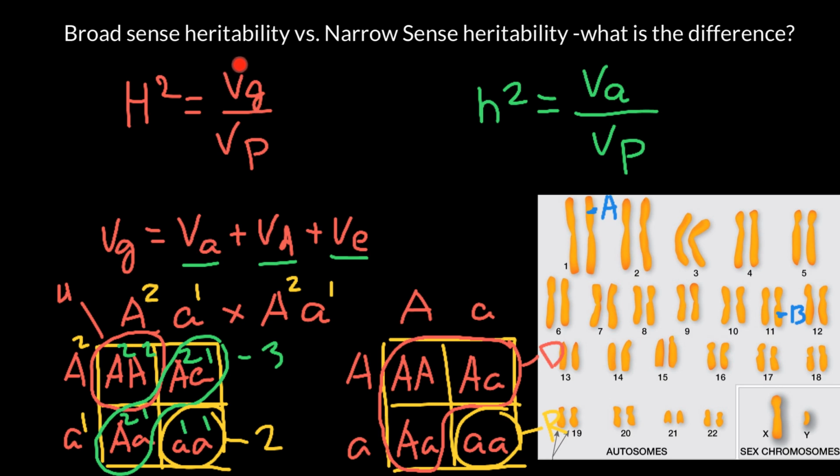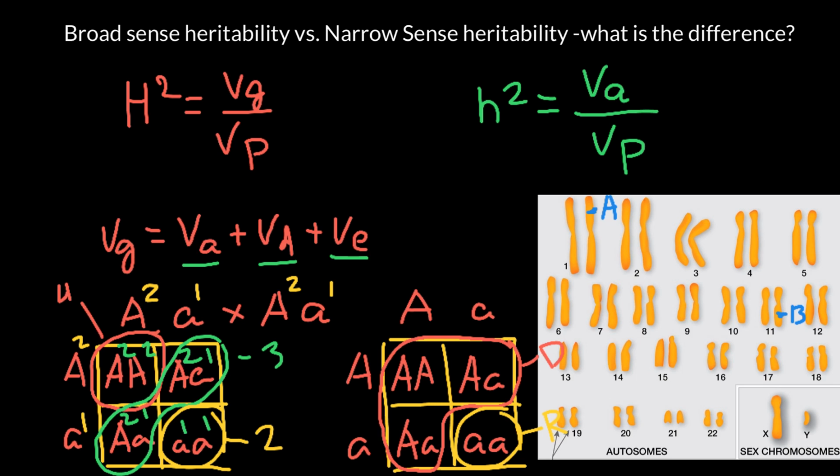So when we talk here, once again, we are talking about total genetic variance divided by total phenotypic variance.